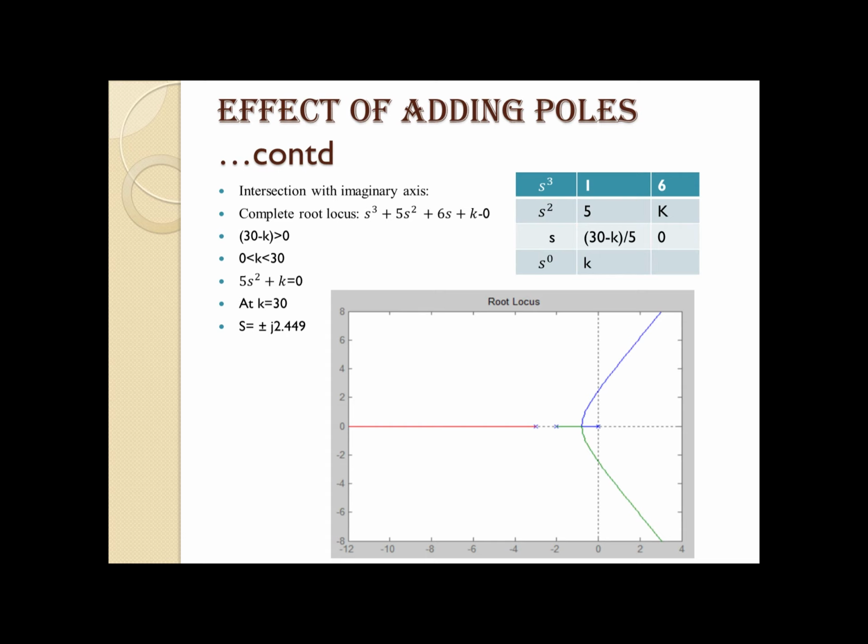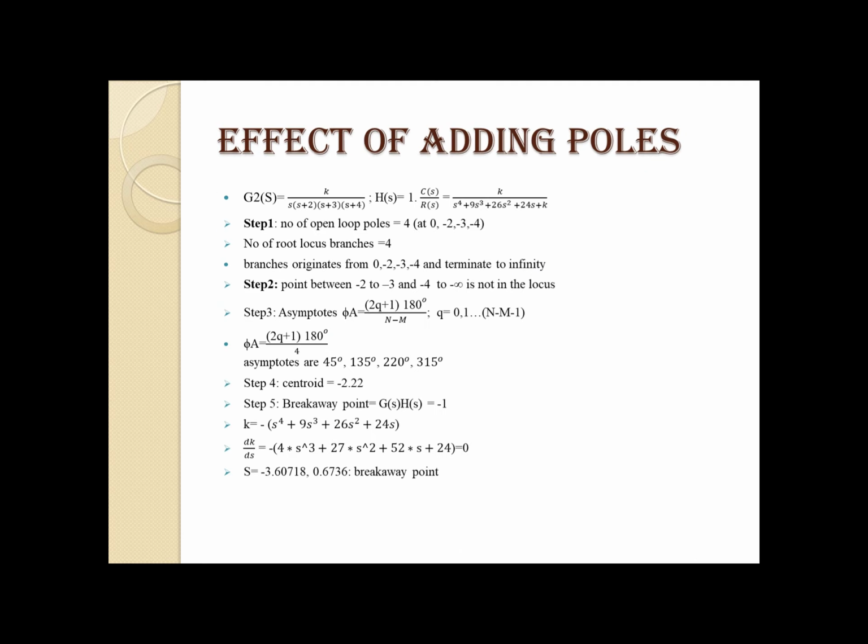Next, we are adding one more pole to the given system, at minus 4, so the open loop transfer function becomes k by s into s plus 2 into s plus 3 into s plus 4. The feedback remains the same, and C(s) by R(s), the closed loop transfer function, becomes k by s to the power 4 plus 9s cube plus 26s square plus 24s plus k.